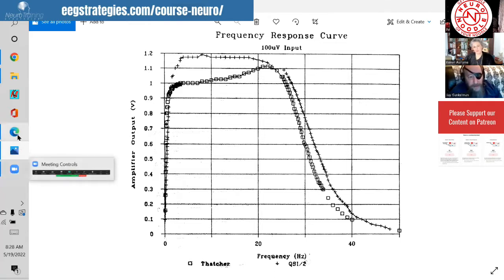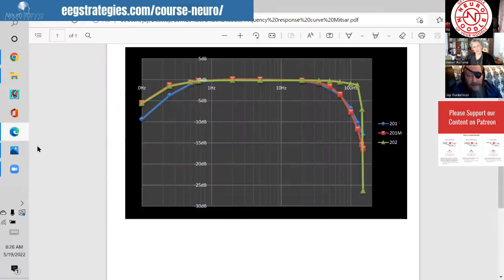If we compare, this is the Mitzar amplifier. This is a log curve. So this is 0 to 1, 1 to 10, 10 to 100. So it's not the same rolling off at 20 hertz. This is 10, 20, 30.